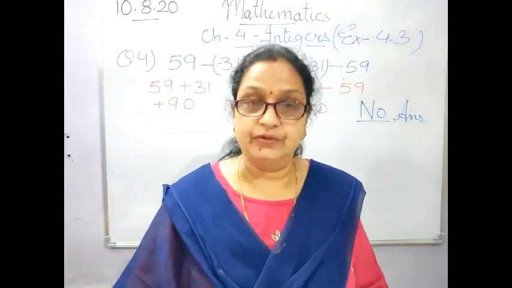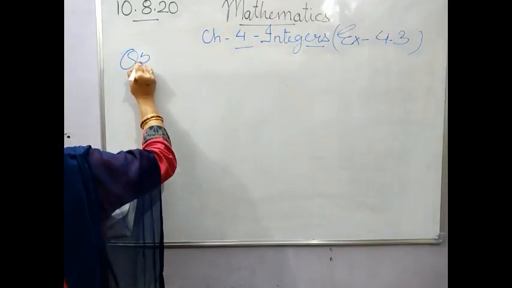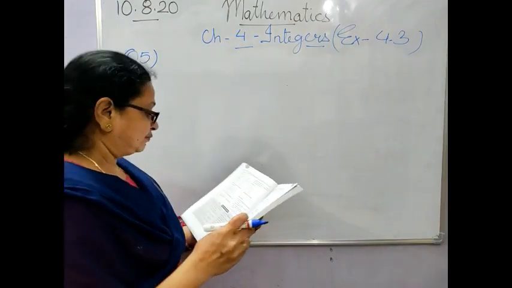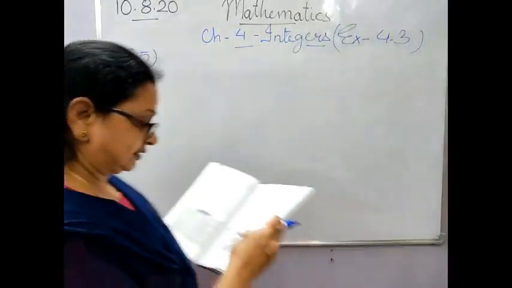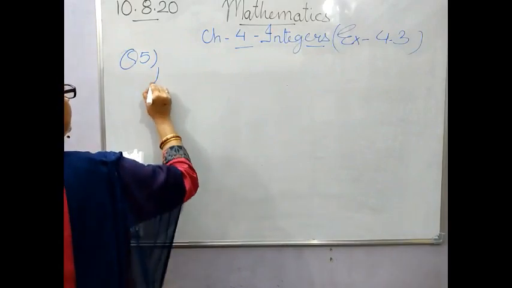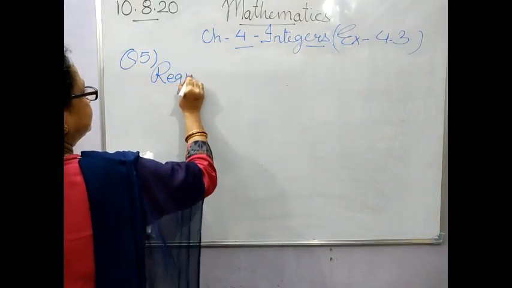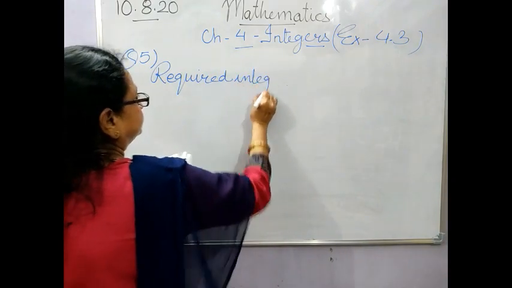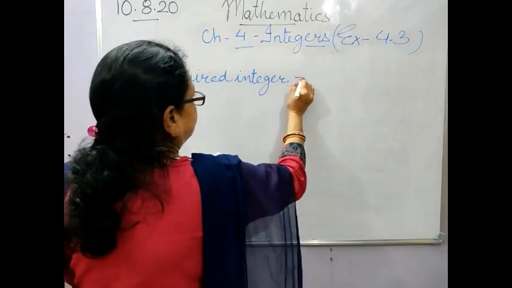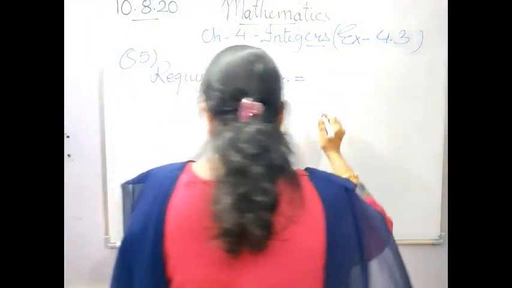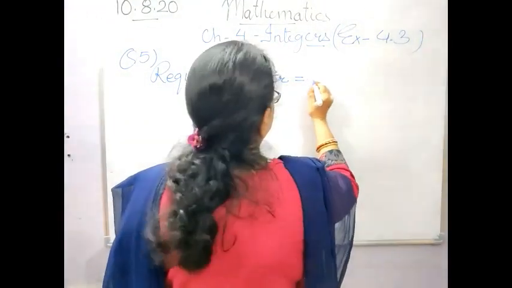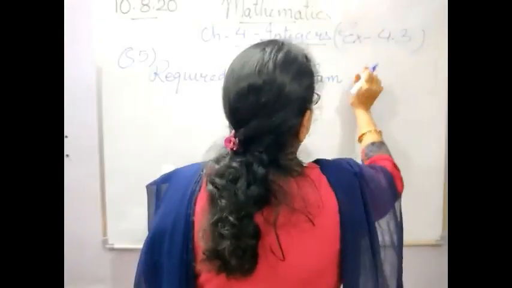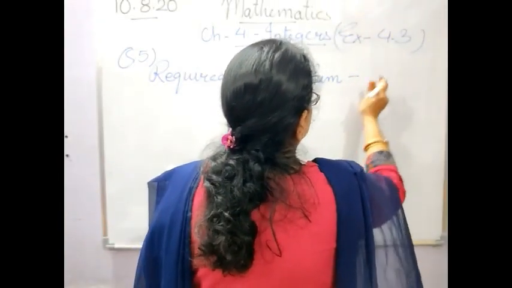The next question number 5. The sum of two integers is minus 186. So first we will write one statement. Required integer will be equal to the sum of two integers minus the other integer.